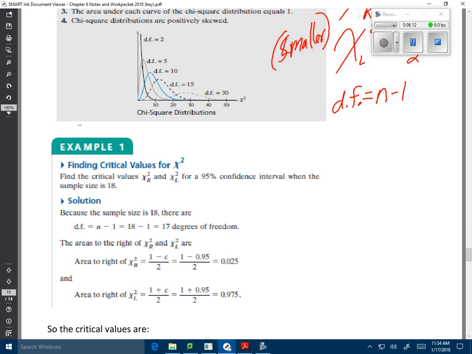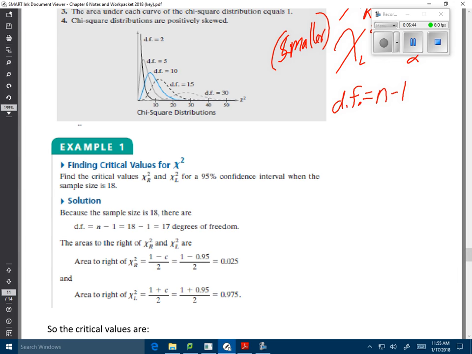You might say, well, you show us the table and then you always show us the calculator way. With the chi-square, you are not able to find it with a TI-83 or TI-84. I called Texas Instruments last year. They're very good about support. They said there was no function on the calculator that allowed you to find the chi-square distribution. So you must know how to use your chart on this.